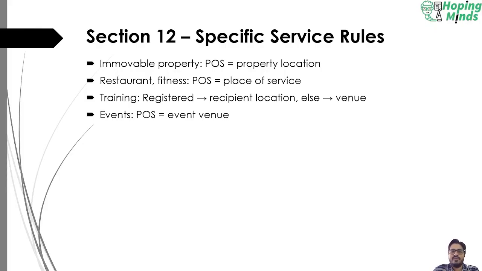Then in case of restaurant services, the place of supply will be the place of service, that is the restaurant. Then for event related services, the place of supply is where the event is held. Then for transportation of goods or passengers, the place of supply is where the goods are boarded or where the passenger embarks.